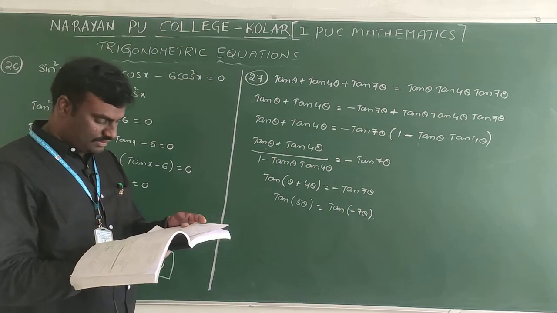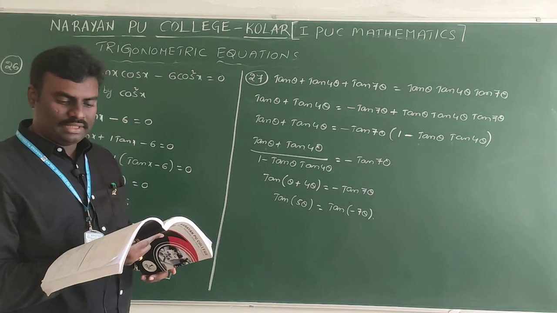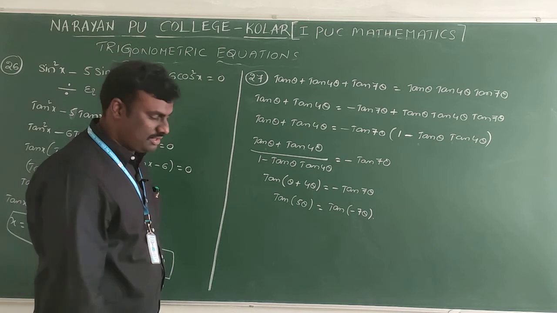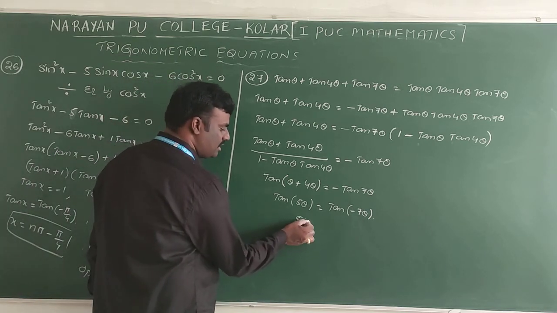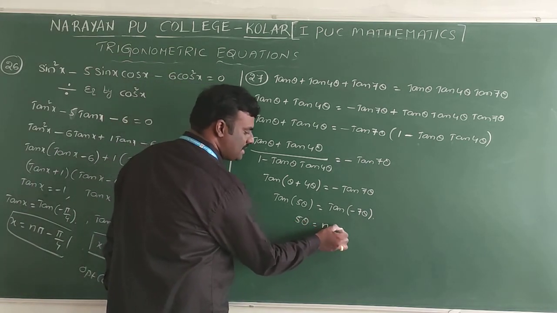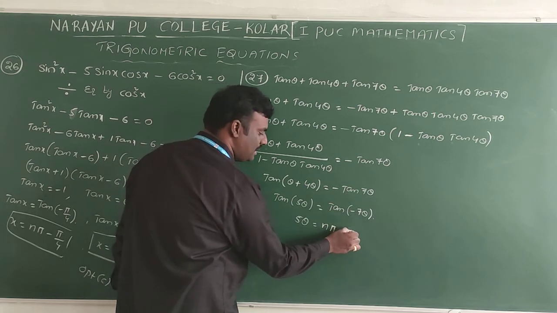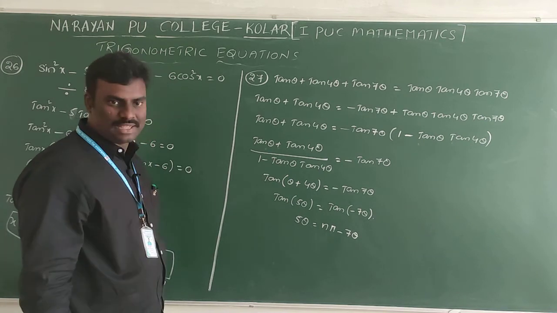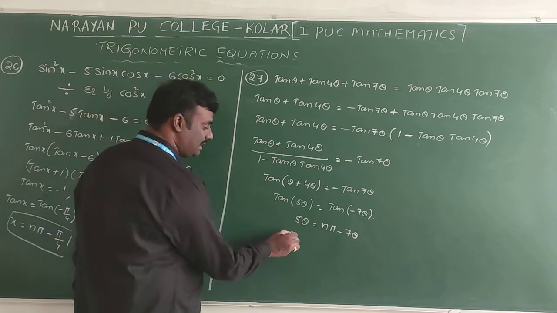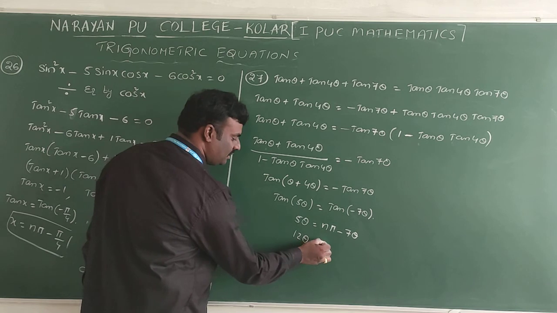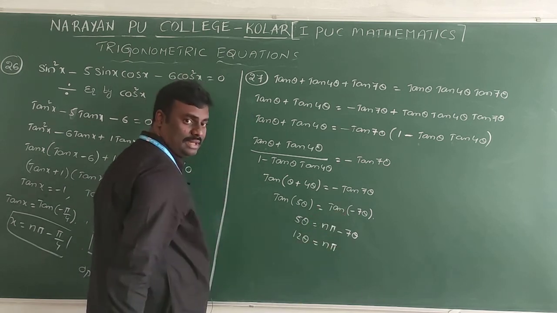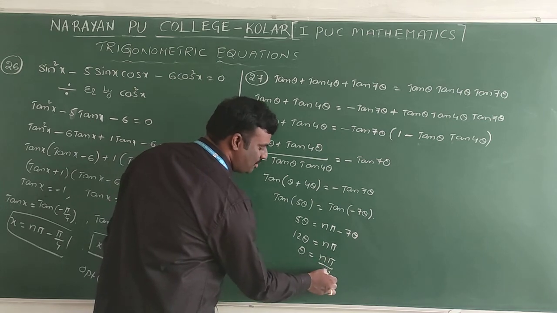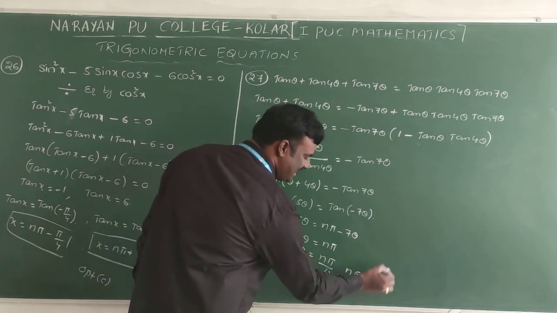We need to find the general solution. So I will write: tan x is equal to tan y, the general solution is x is equal to n pi plus y. What is y? Minus 7 theta. The minus comes to this side, so 5 theta plus 7 theta, that is nothing but 12 theta, equal to n pi. Now I can write theta is equal to n pi by 12, where n belongs to integers.